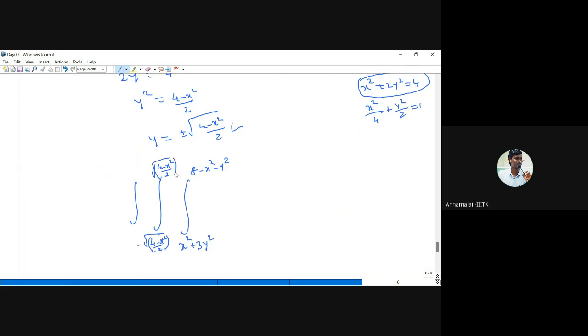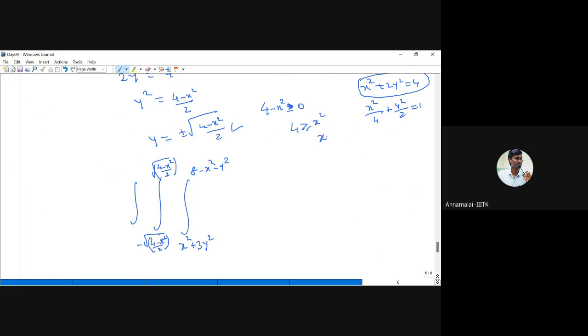Now what is the value for x? Everything should be a real number. So look at y. Inside the square root, 4 minus x square should be positive, because if it is negative, you'll get a complex number. So x square is greater than or equal to 0, and therefore 4 is greater than or equal to x square.